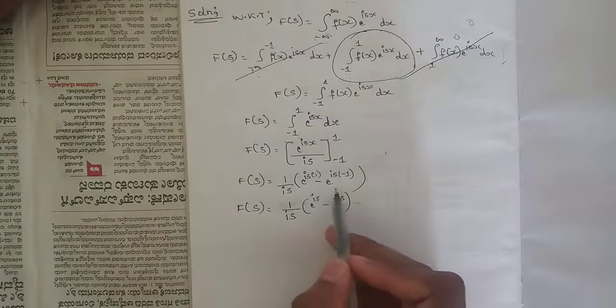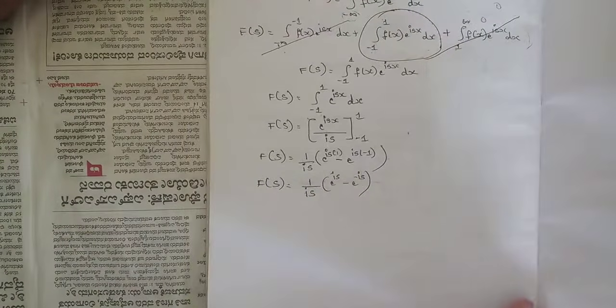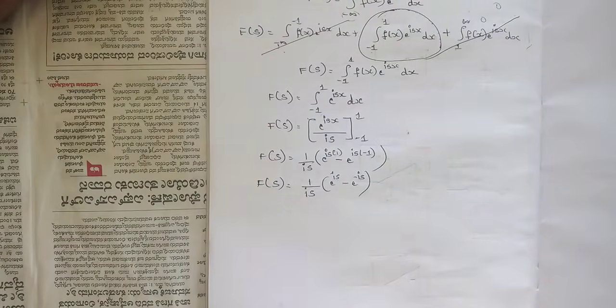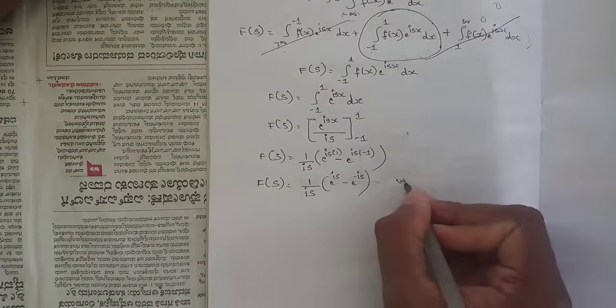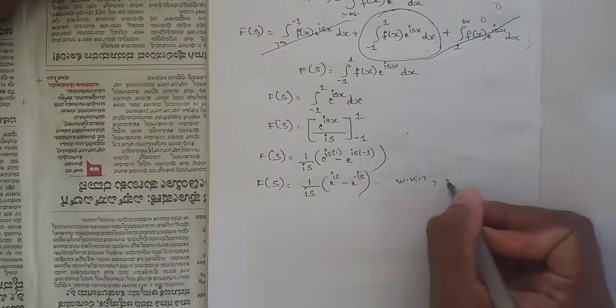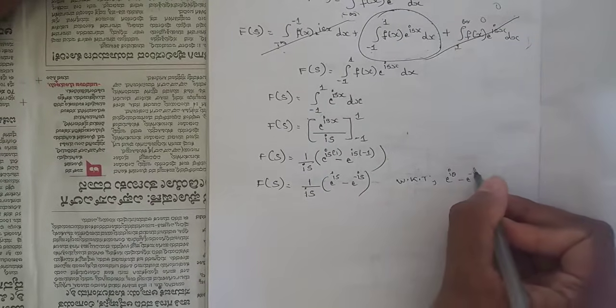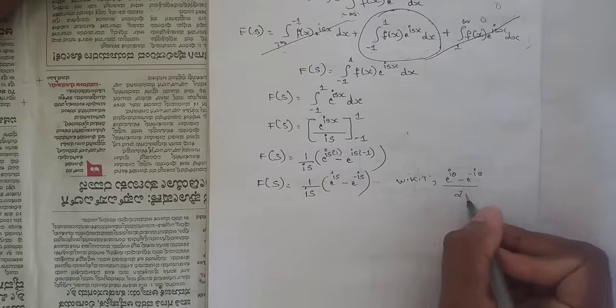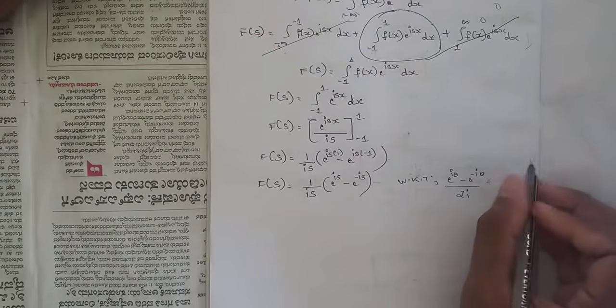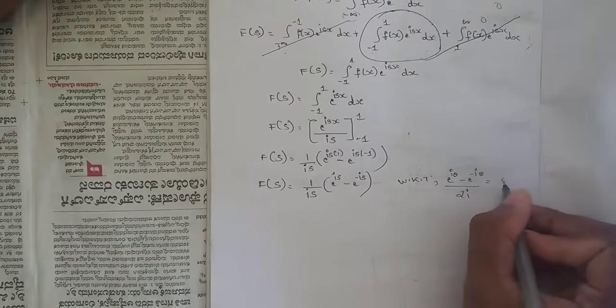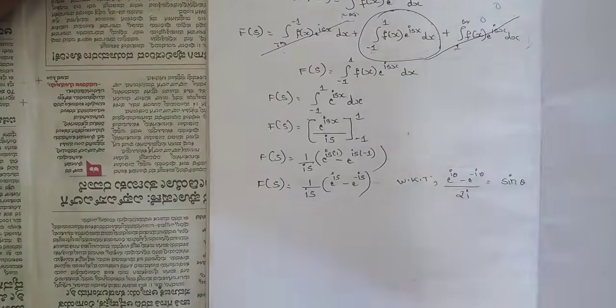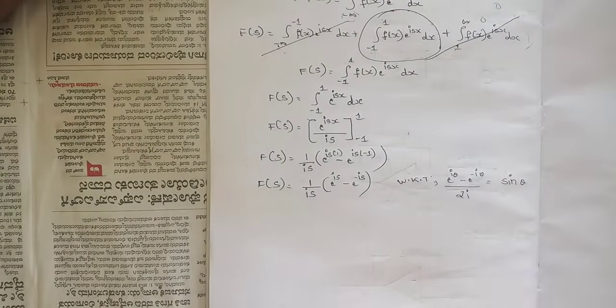If we look at this carefully, we can get something similar to a hyperbolic function, though not exactly. We have one formula for this. We know that e^(i theta) minus e^(minus i theta) divided by 2i is equal to sine theta. We have a general formula for this.